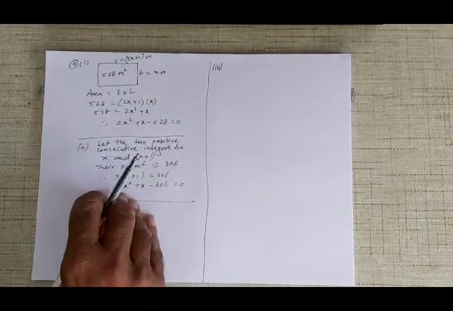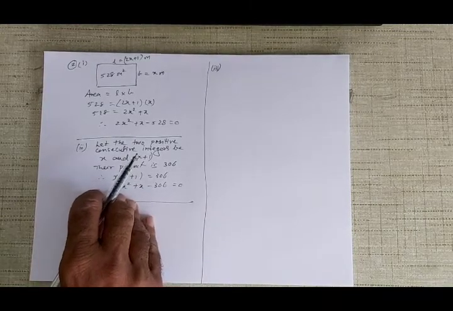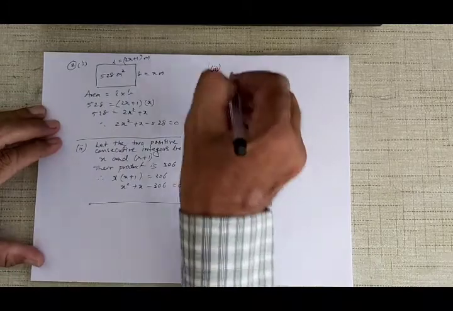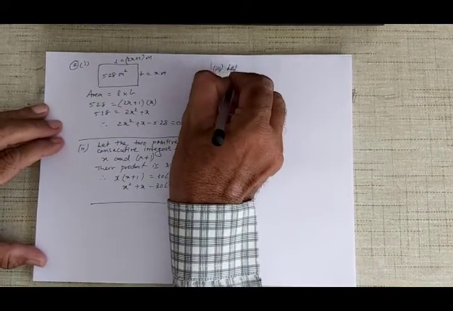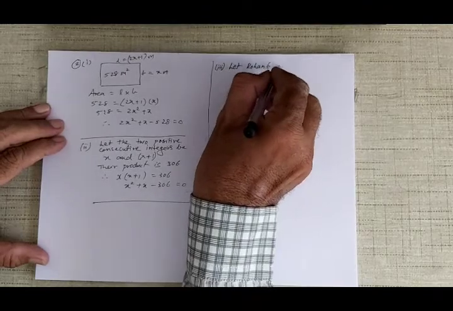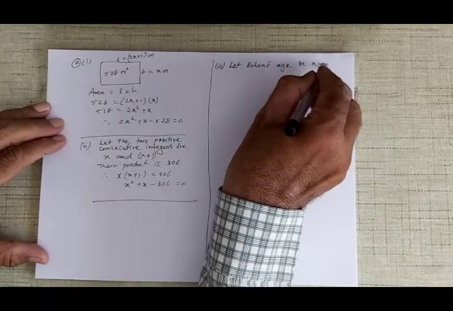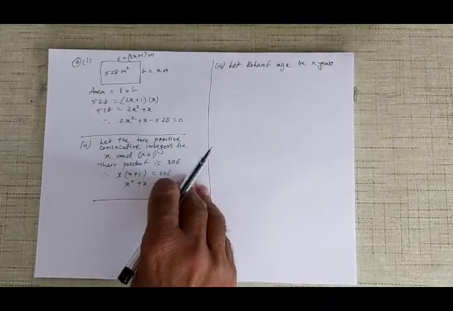Third question out here. Okay, Rohan's mother is 26 years older than him. So Rohan and his mother. So let Rohan's age be x years. Okay, now what does it say?